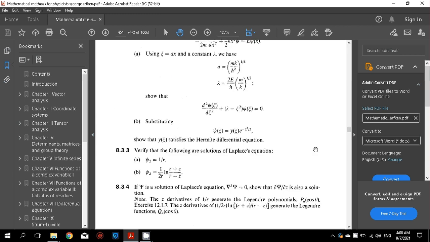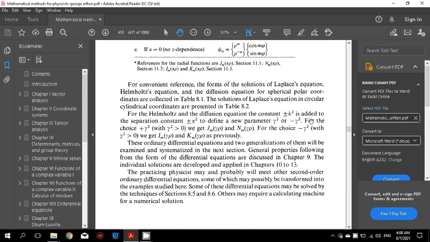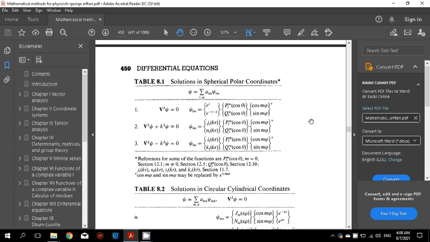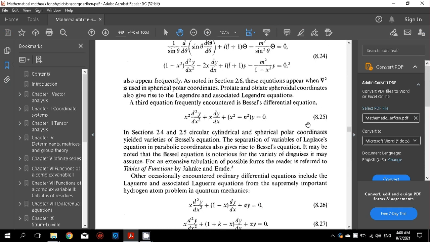So I would suggest that you should go through this list, and you will then realize what is the importance of partial differential equations in physics. And in this chapter we will learn how to solve partial differential equations, because to complete any topic on physics, when we encounter a differential equation, we will have to solve this equation to complete this topic.